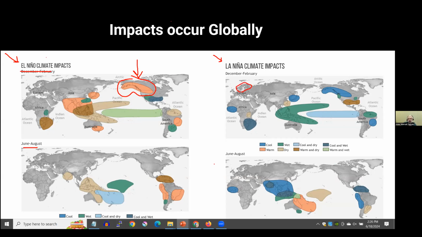They don't feel the impacts, right? But there are other parts of the world, for example in Asia, if you're in Indonesia, Northern Australia, or the Philippines, you really need to know, because droughts and floods are highly sensitive to El Nino. So you really need to monitor and follow ENSO.